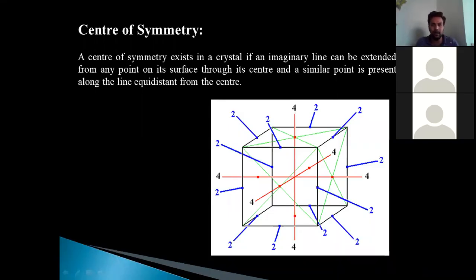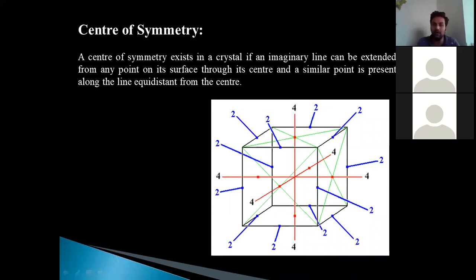So you can see how the center of symmetry can be defined. Usually, crystals with minimum symmetry have at least a center of symmetry, like triclinic. Triclinic doesn't have any plane of symmetry or axis of symmetry, but it has a center of symmetry.